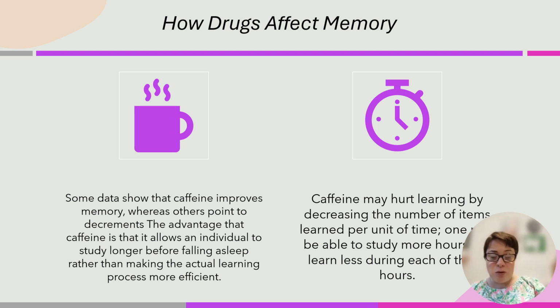But the time you spend learning it while on caffeine is not going to be as efficient as if you weren't under the influence of caffeine. Whereas you might be able to learn 20 new units of information when not caffeinated, you're able to stay awake for the full hour or whatever unit of time, but you might only be able to learn like 18 or 15 units of information while under the influence of caffeine, right?